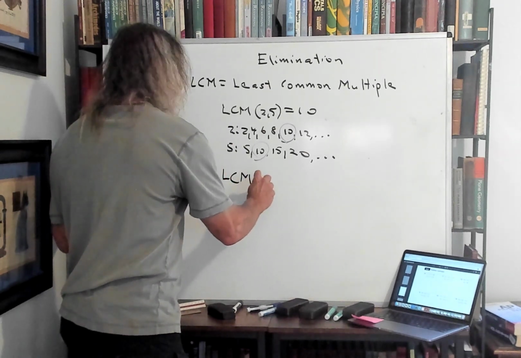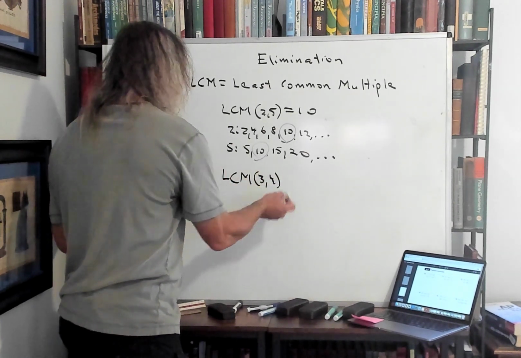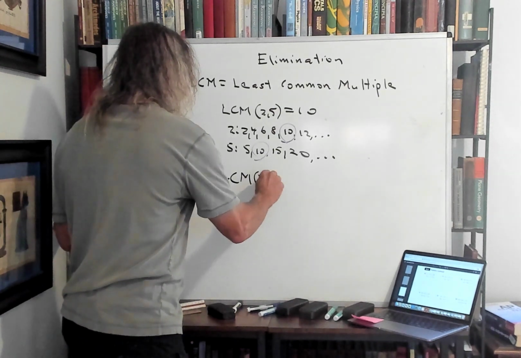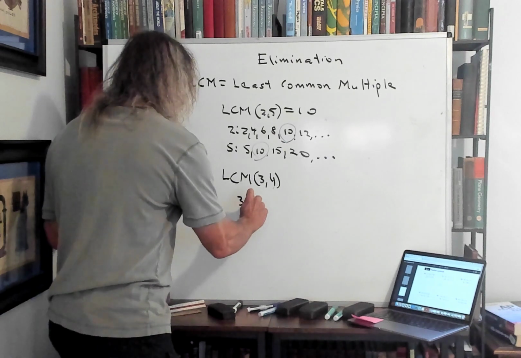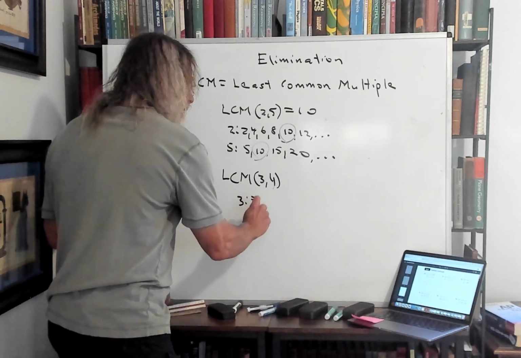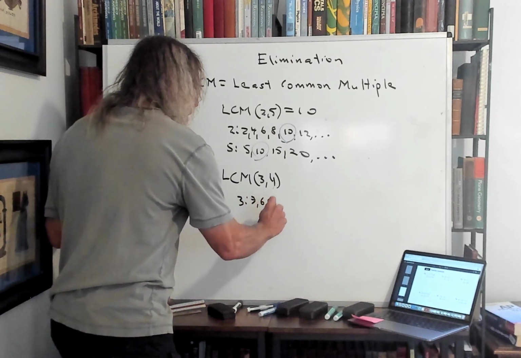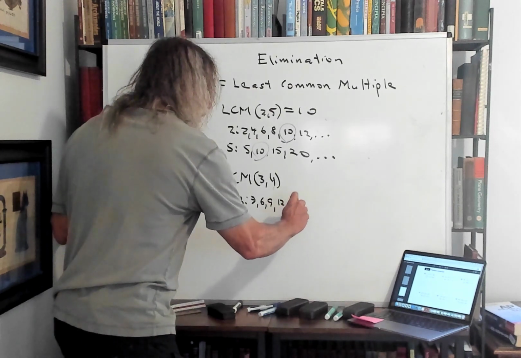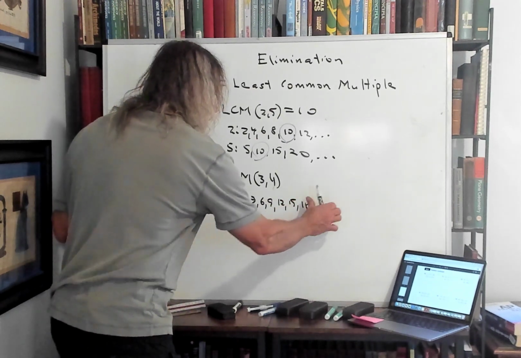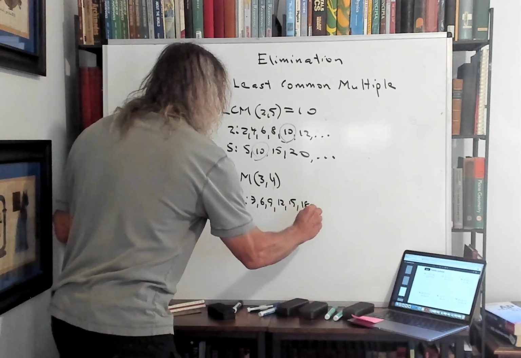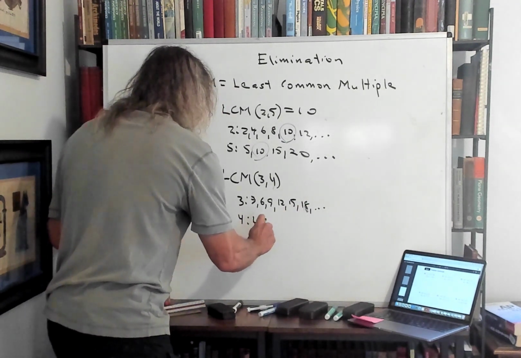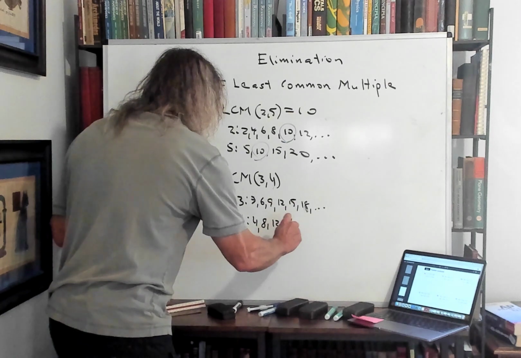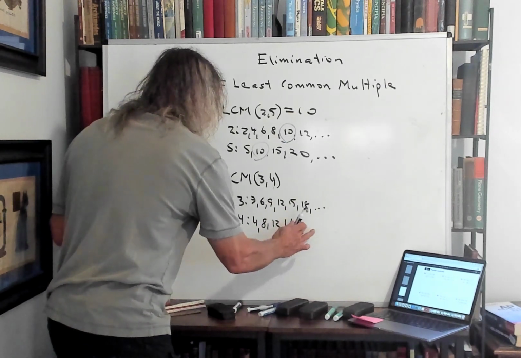Or LCM of 3 and 4. Multiples of 3, counting by 3s, 3, 6, 9, 12, 15, 18, and so on. Multiples of 4, 4, 8, 12, 16, 20, and so on.